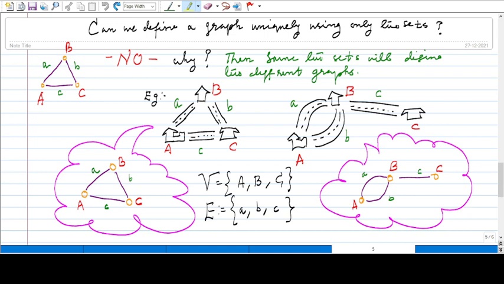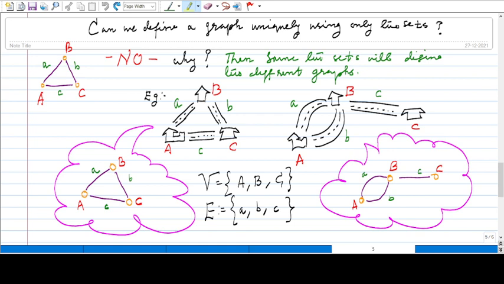That means there is some relation between these roads and houses, or I can say these edges and these vertices. So what are those relations? The graph theoretical analog of this picture is what we have already discussed, a graph. For this one, the graph theoretic analog is something like this, right?